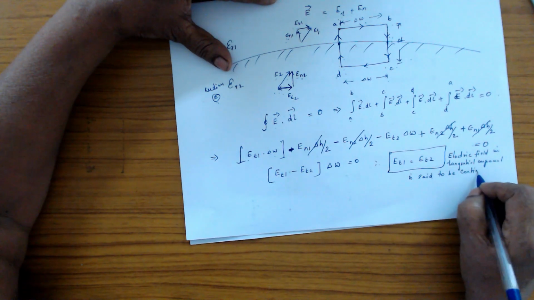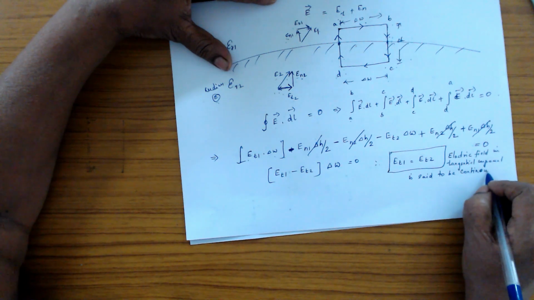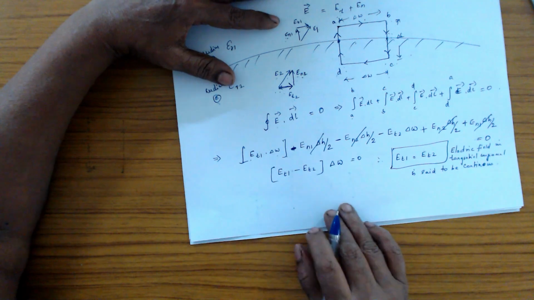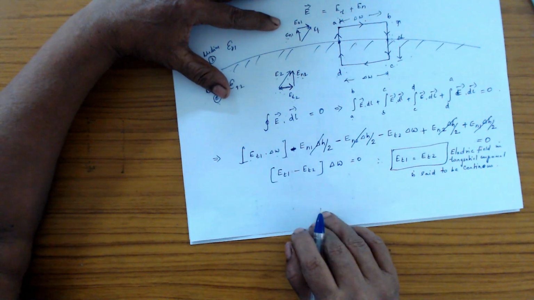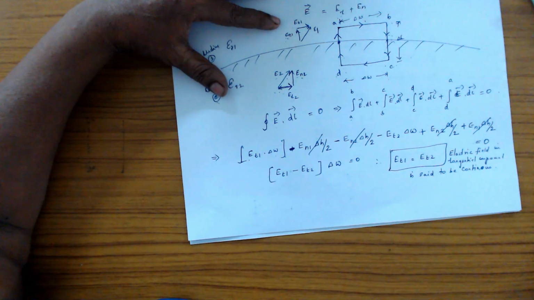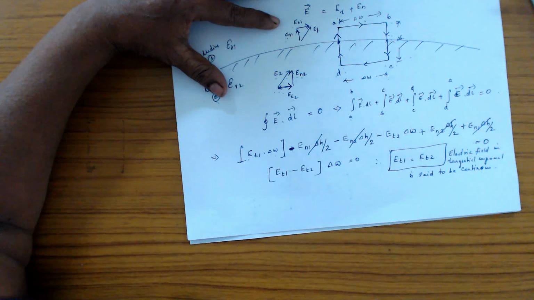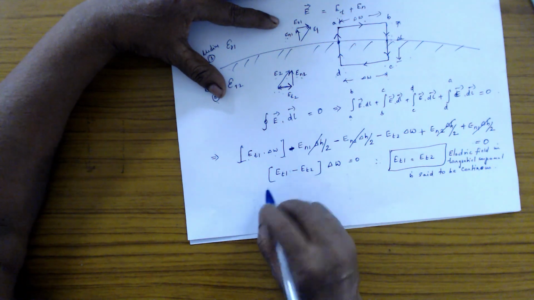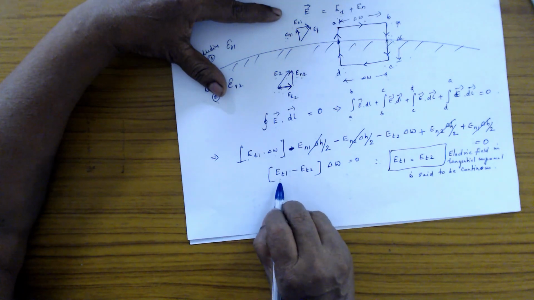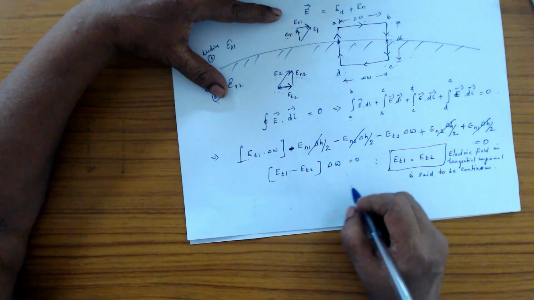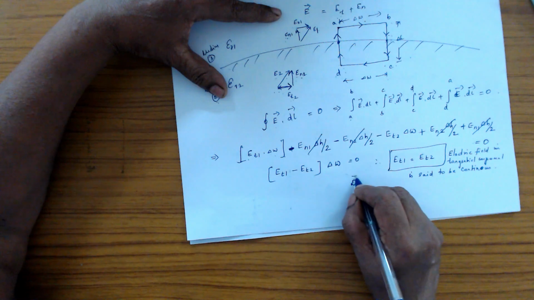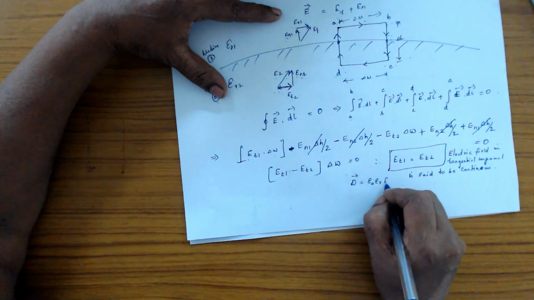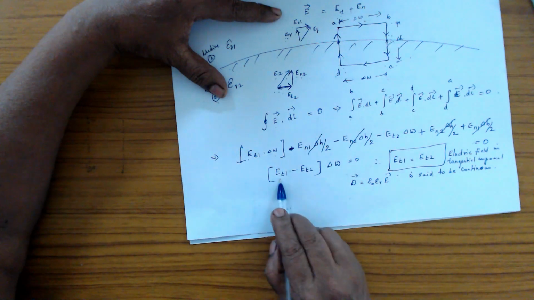If this is continuous, what is the relationship with electric flux density? Flux density D is equal to epsilon naught epsilon R into electric field. Now I want to find out ET1.